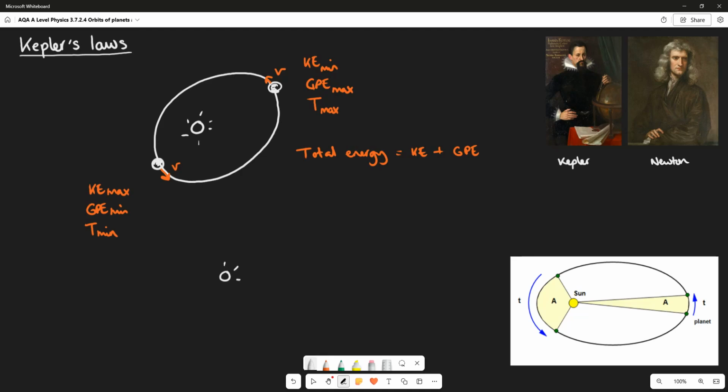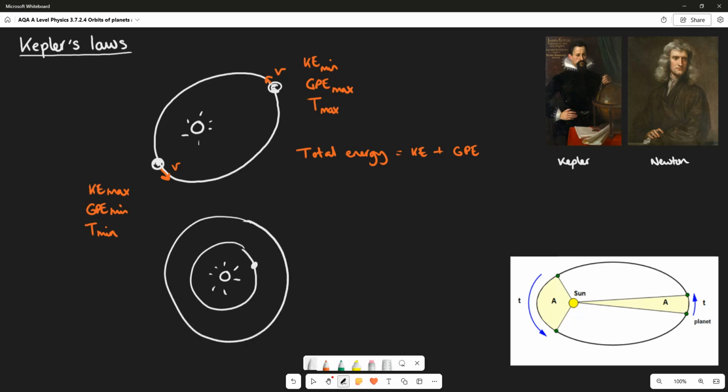You may need to compare the orbits or consider differences when moving from one orbit to a new orbit.